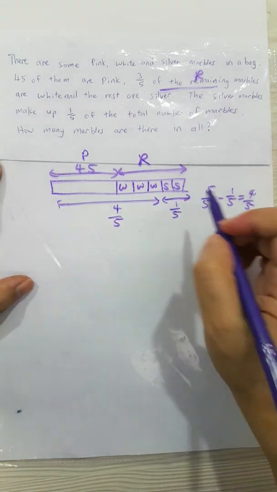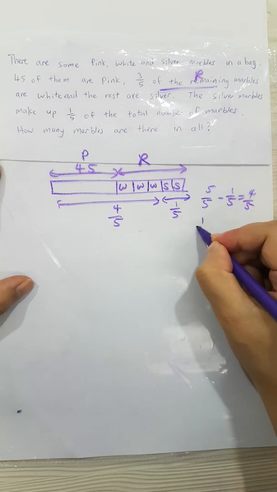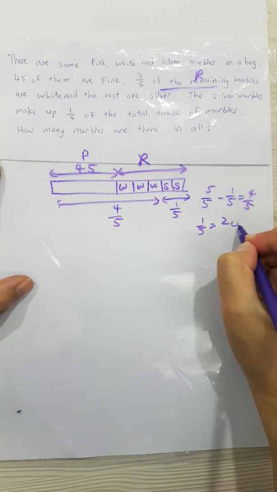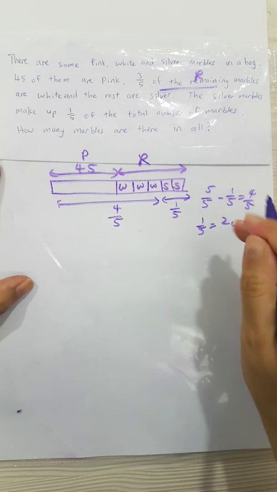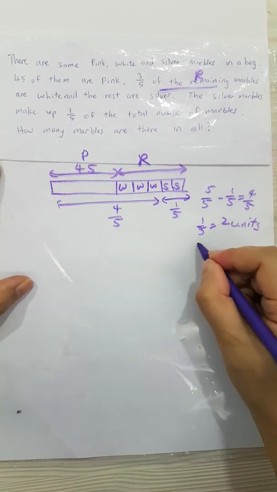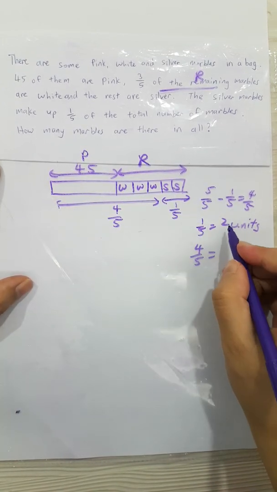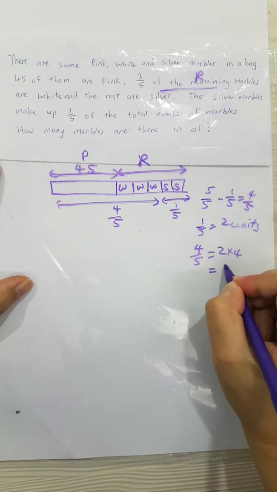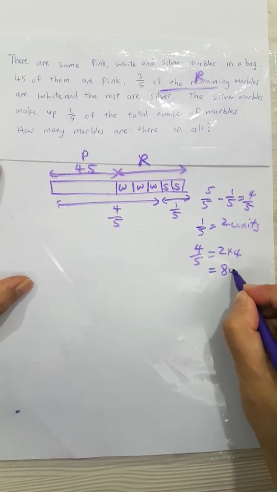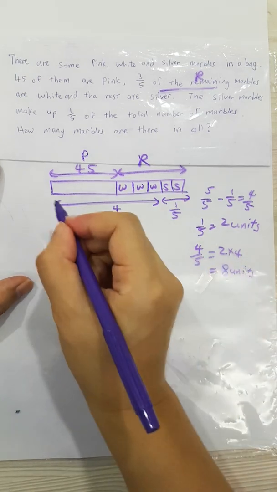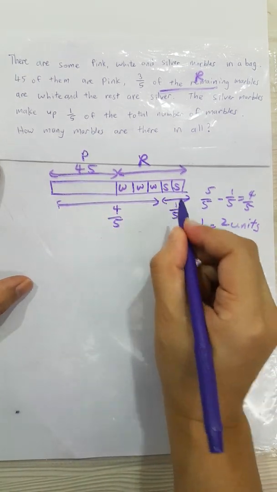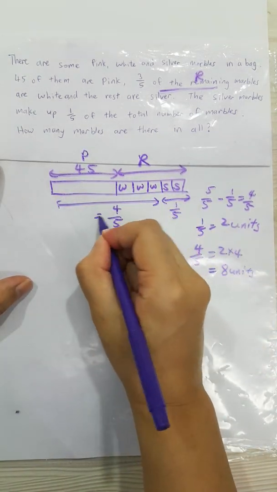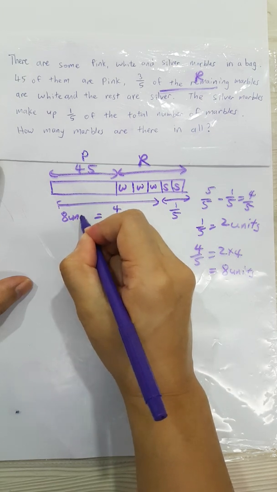Okay, so if you see 1 out of 5, it's 2 units, which means the rest here will be 4 out of 5. It will be 2 times 4. It will be 8 units. Okay, so from here to here, 1/5 is 2 units. Here to here, it's actually 8 units.